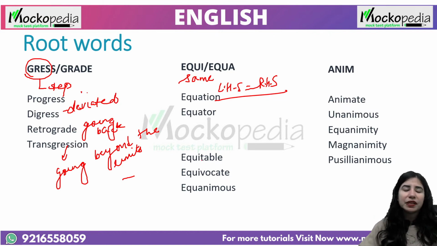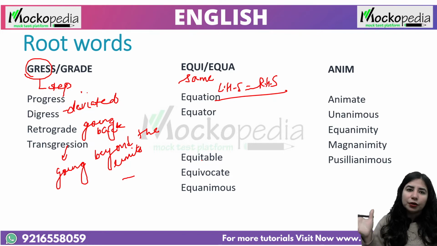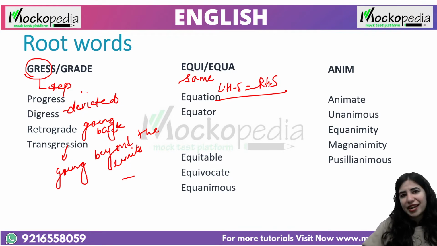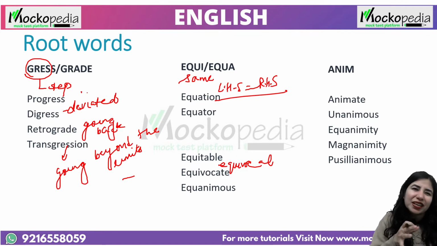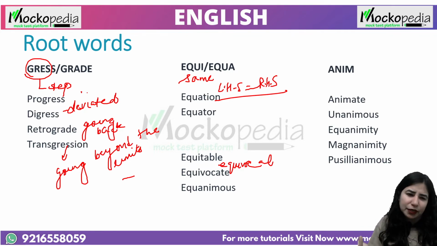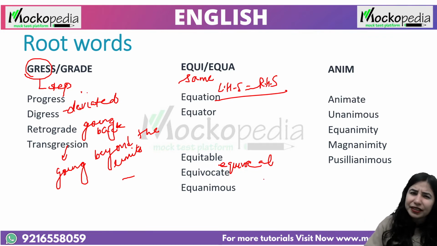Equitable, that means a person was able to get the right things in return. Equivocate is you're taking both sides, right? You're not coming to one unique answer, you are equivocal. Equivocal means you are not having one opinion, rather you are having both opinions. So if a person is equivocal, he would not have a clear stand, he'll be supporting both ideas.